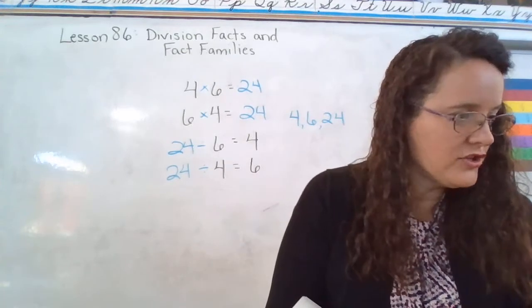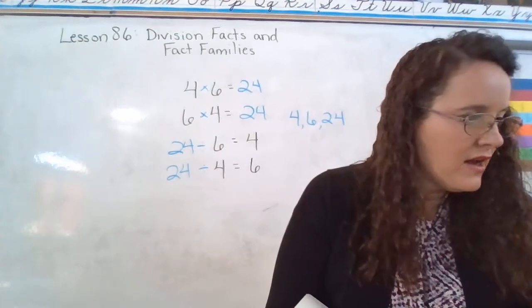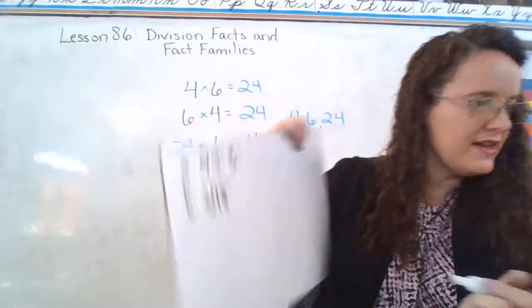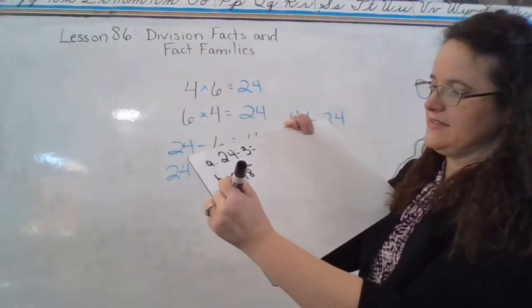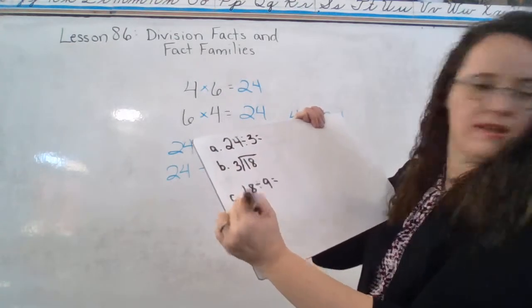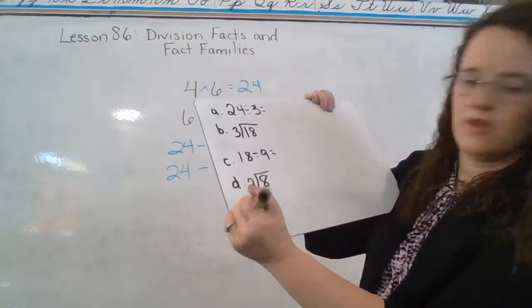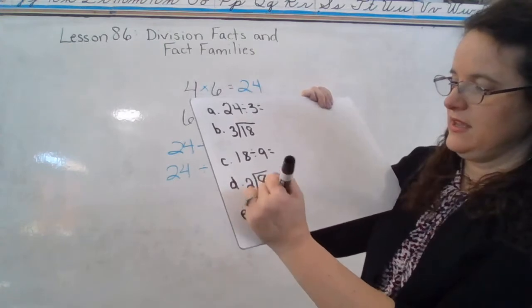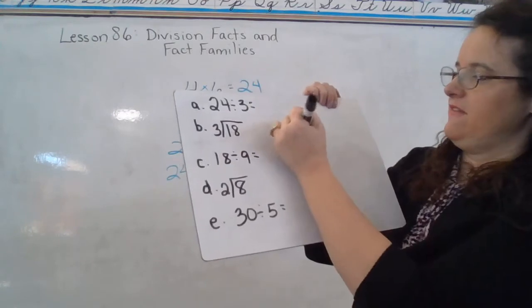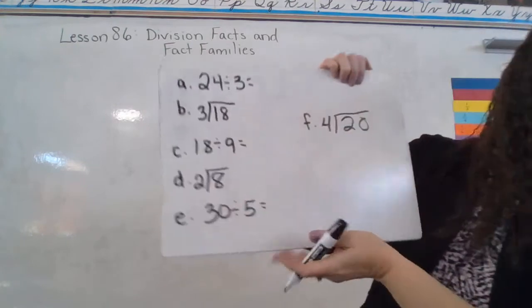So we have 24 divided by 3, 18 divided by 3, 18 divided by 9, 8 divided by 2, 30 divided by 5, and F is 20 divided by 4.